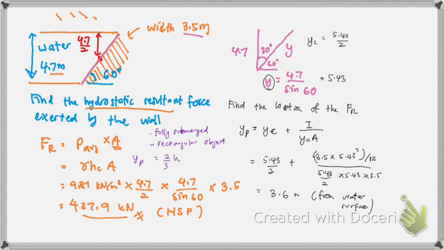In this question, our height refers to this height, so it equals 2y over 3, which is also 3.6 meters from the water surface. This is the rule of thumb which may be useful, but be very careful when you want to use this equation.